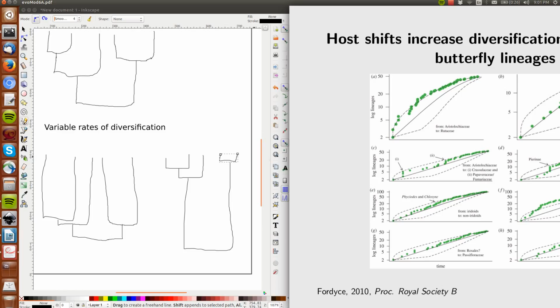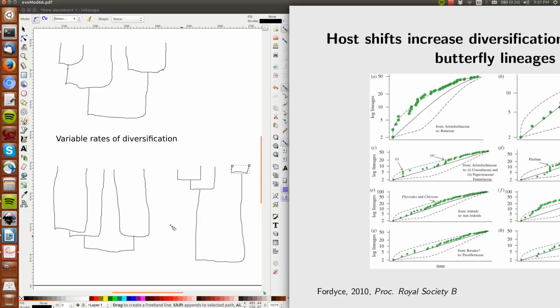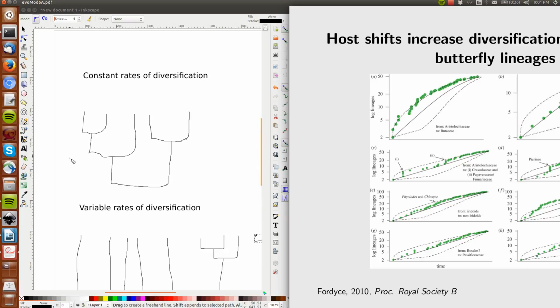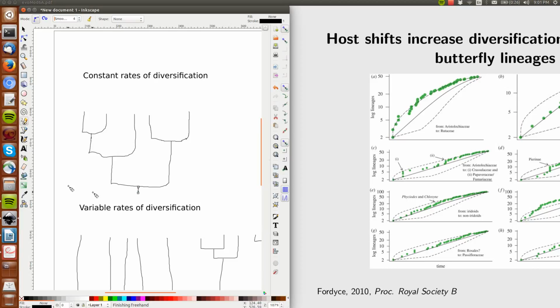Maybe it would help to draw that real quick, or visualize it. So a tree, going back in time, you can think about how many lineages there were at any point in time. If you go back to the very root of a tree right here, there was essentially one lineage, right? Now I can look at other parts along the tree.